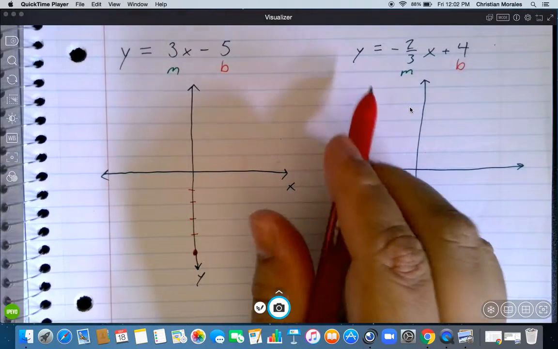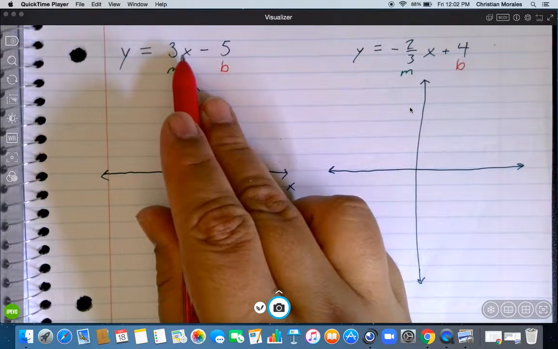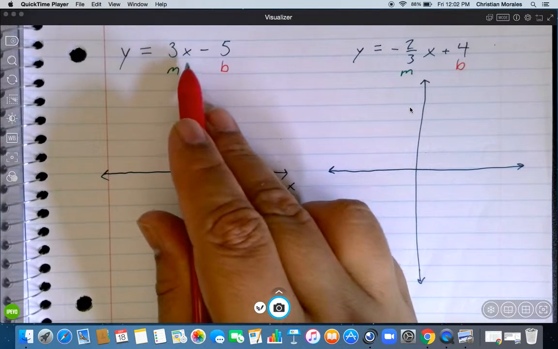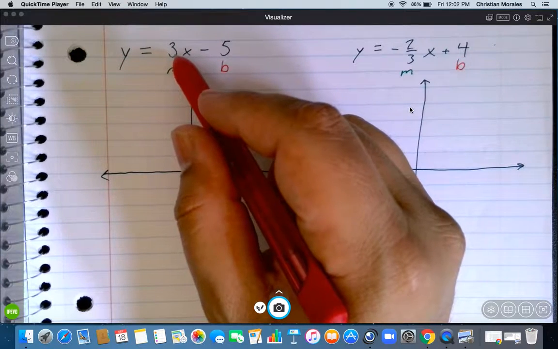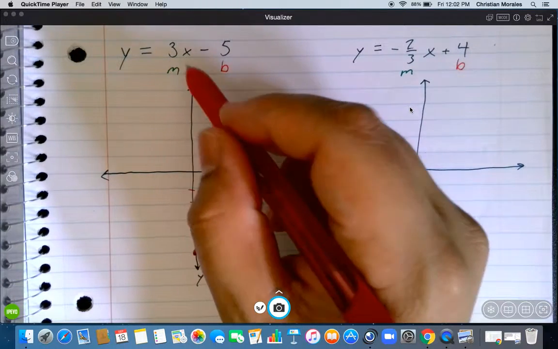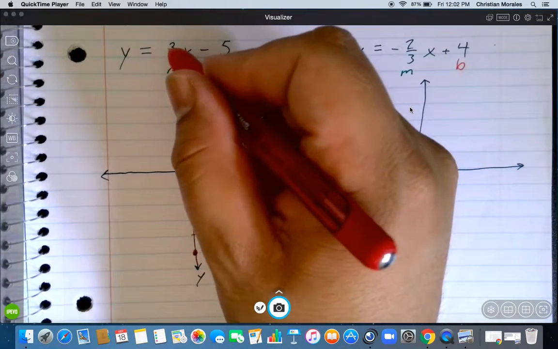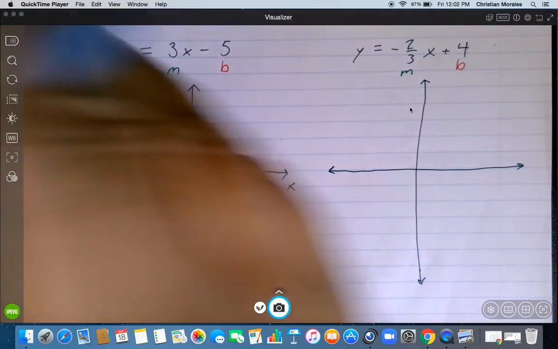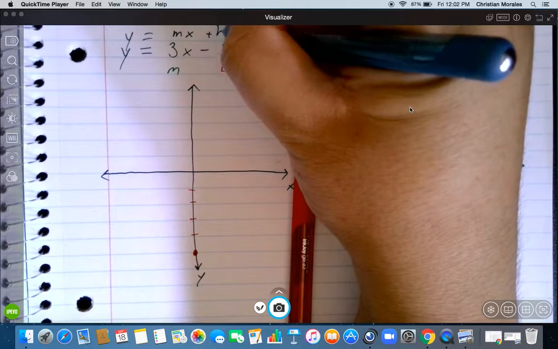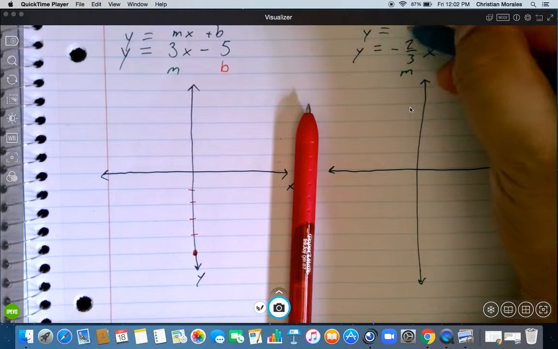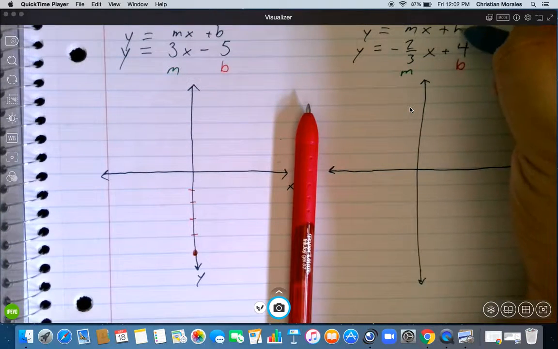All right. Now, my slope is not x. Remember, x is not your slope. That's the number that you plug in. Your slope is the number next to it, 3. So when you have a number like this, remember what I told you earlier, right? Y equals mx plus b. That's what we're looking at, these equations as slope-intercept form.